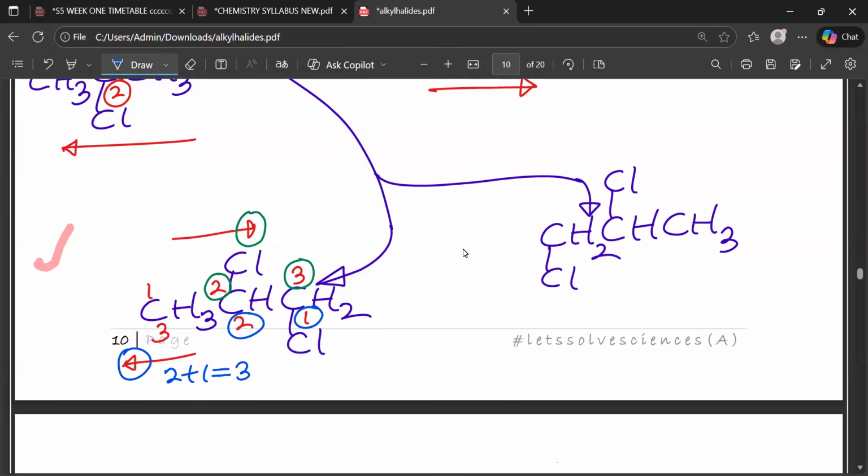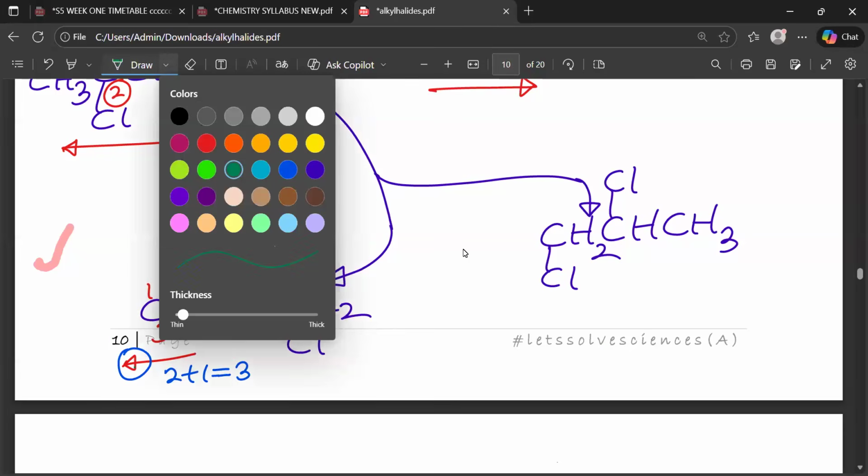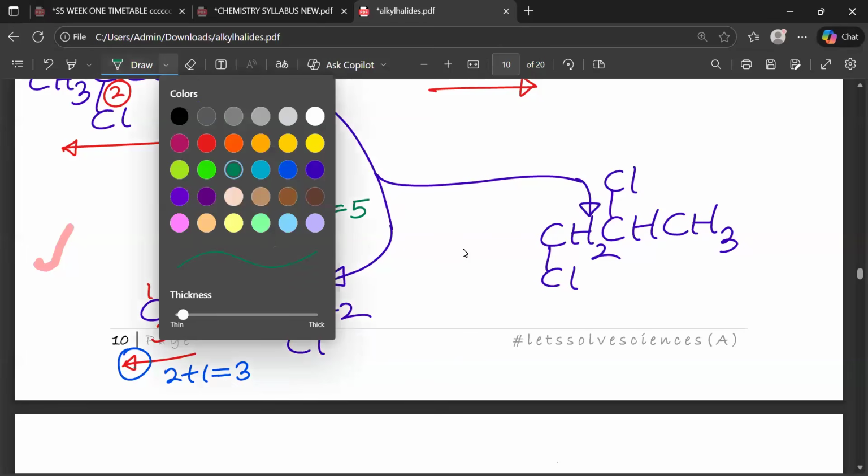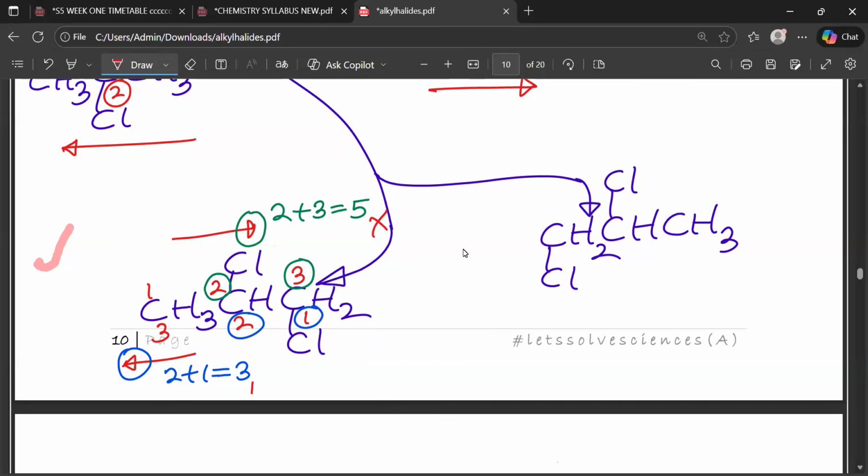Then this direction, the one in green, it is a 2 plus 3, which is a 5. And you all know that in nomenclature, we always take the lowest possible position. So I'll take this direction of 1 and 2. The same thing here.